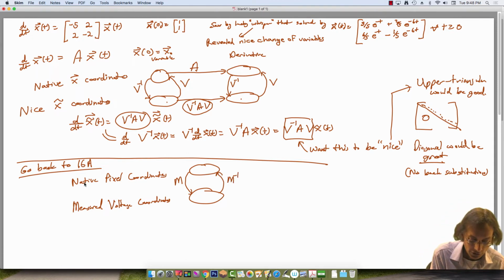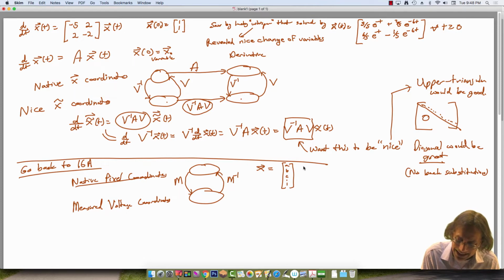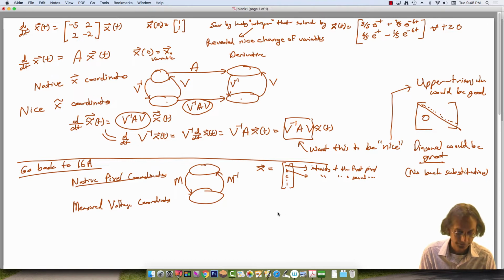So for native pixel coordinates, you think about x as being up here. How do you think about x? x up here was represented, if you had a, b, c, and so on. What does this a represent? a was the intensity of the first pixel, and b was the intensity of the second pixel, and so on.